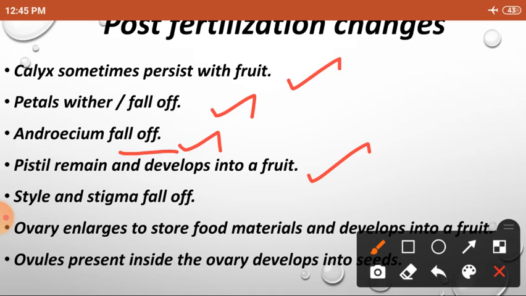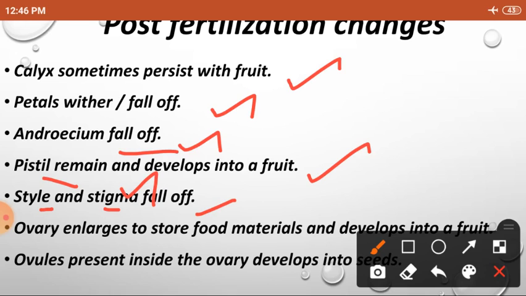The female part of the flower, the pistil, will be there, and the style and stigma fall off. Why? Because pollen grains reach only the stigma, so it will fall off. And what is the function of the style? It only carries the pollen from the stigma to the ovary, so that also will fall off.